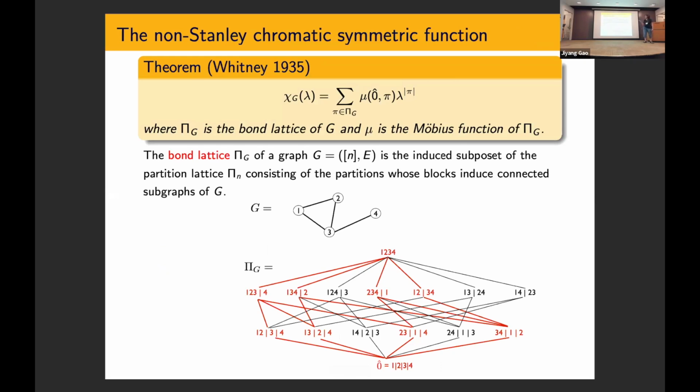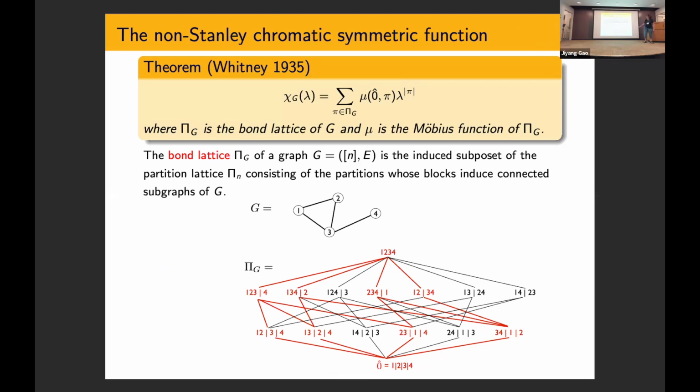It's based on this Whitney formula for the chromatic polynomial. And we're taking the Möbius function for the bond lattice of the graph, and this is the number of blocks in the element of the bond lattice. The bond lattice is a subset of the partition lattice.